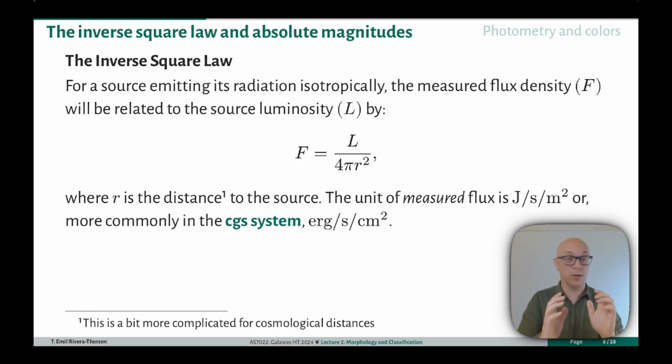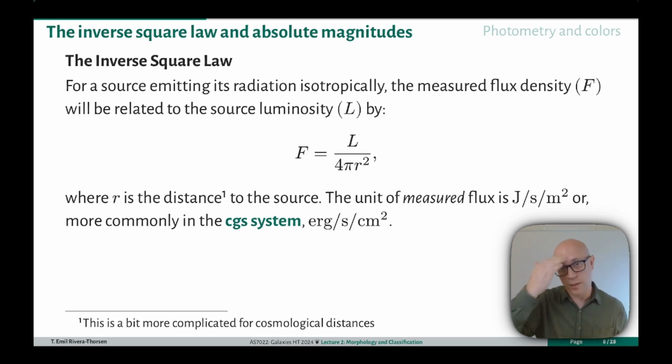And as you can see, hopefully intuitively, if a star is emitting the same amount of radiation in all directions, but we are moving further away and measuring it with a detector of fixed area, then the further away we are from the star, the less of its flux we will receive on our detector.